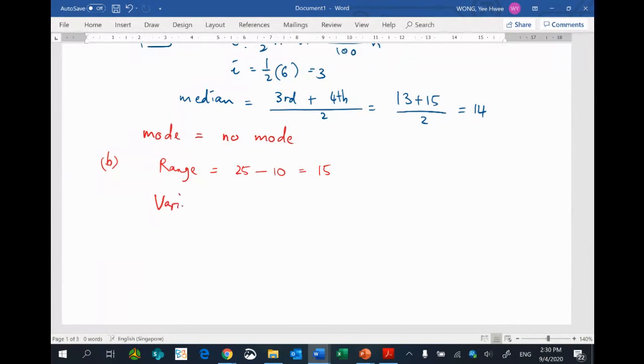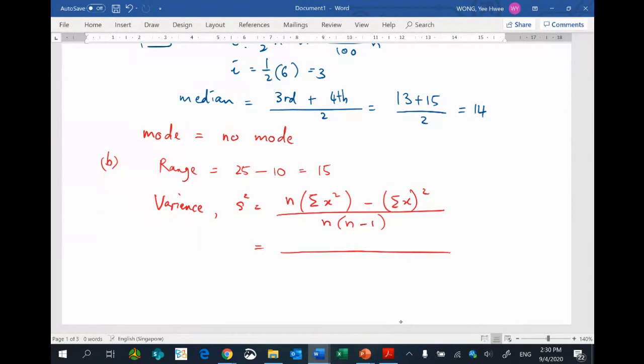Variance, S squared equals to, I'm sorry, it's inside, N minus of this. Okay, S squared equals to that. So let's fill out whatever we know first. Do we know N?